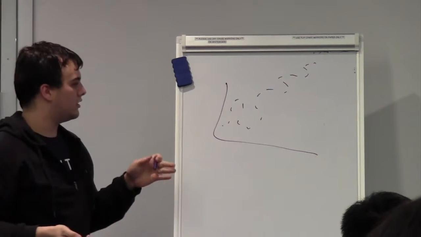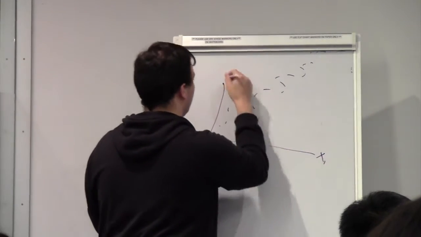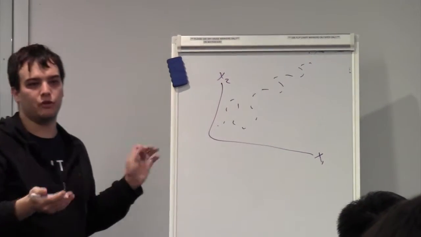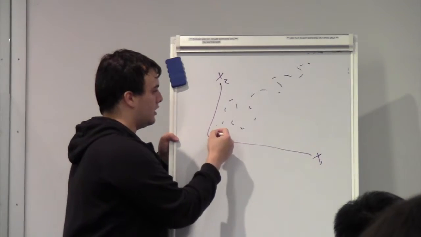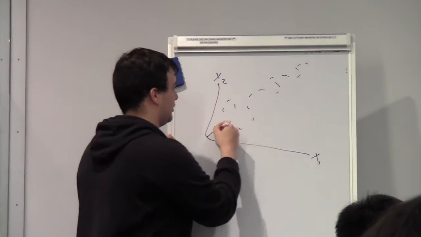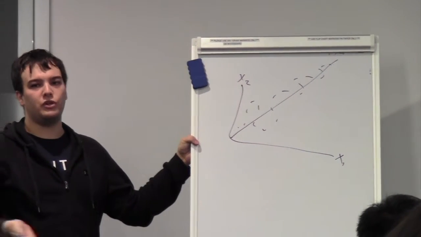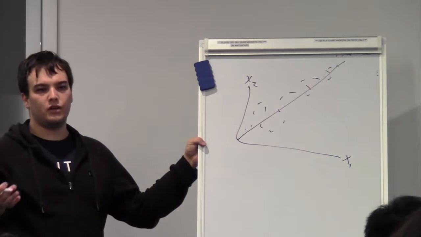So if we have our data set that looks like this, and this is going to be x1, x2, which will be our number of features, then an ideal regression model would predict it like this, which is pretty good. It's a pretty accurate representation of our data.